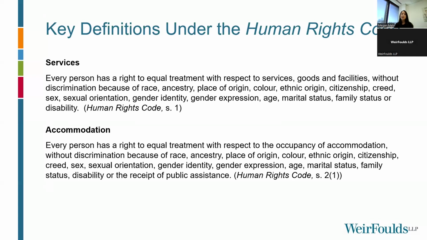So generally speaking, a failure to provide people with disabilities with equal access to public or private facilities could constitute discrimination under the Human Rights Code and could be the subject of a human rights application before the Human Rights Tribunal of Ontario, or the HRTO. And that includes any failure to provide people with disabilities with services, including hearing instrument practitioner services or services that you all may provide to the public.